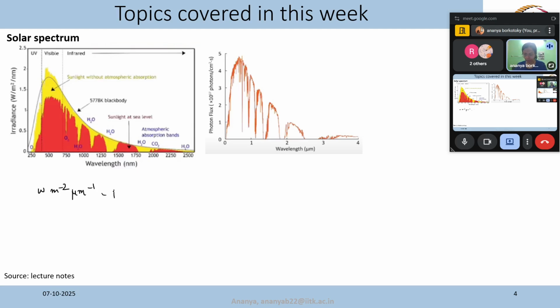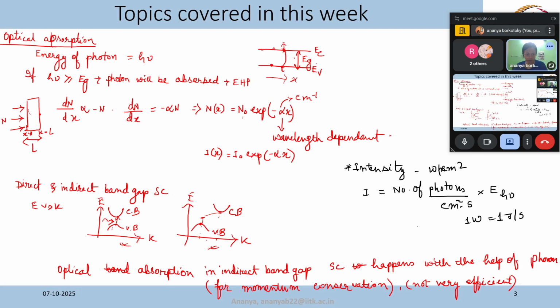So this is Fλ, as it was denoted in the class, and Fλ can be converted to photon flux, that has a unit per meter square per micrometer inverse. This has a unit like this.